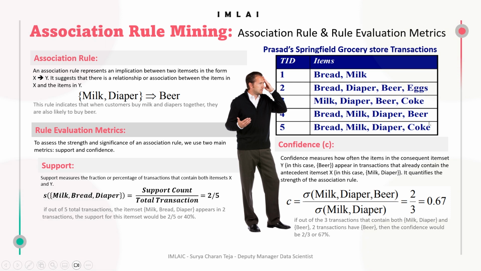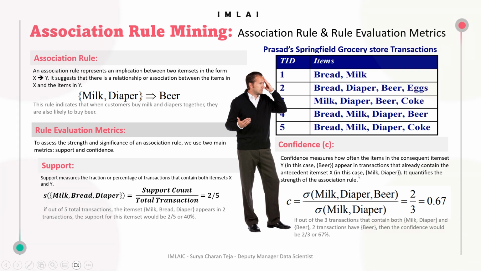You see the beer here and the beer here. Then the confidence would be 2 divided by 3, which is 67 percent.